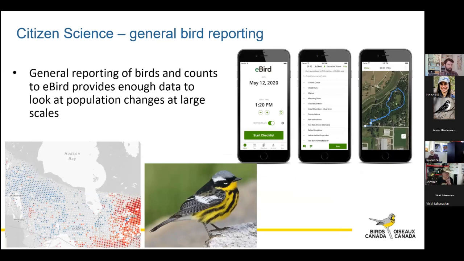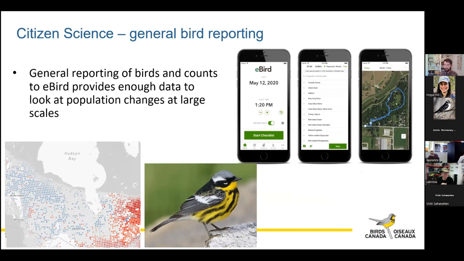And then one example of the biggest way you can do this general reporting of birds and have it be really useful for population monitoring is eBird. I use eBird a lot and could talk lots about the many benefits and interesting things with eBird, and I'm happy to more if people want.